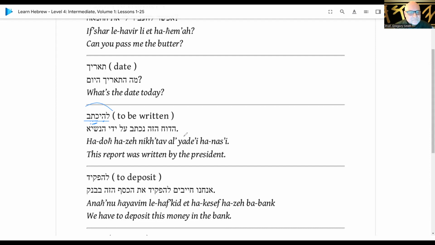Okay, so this looks like hadoach hazeh niktav. הדוח. Yeah, hadoch. And this is the report.